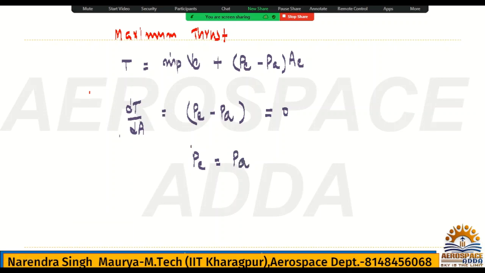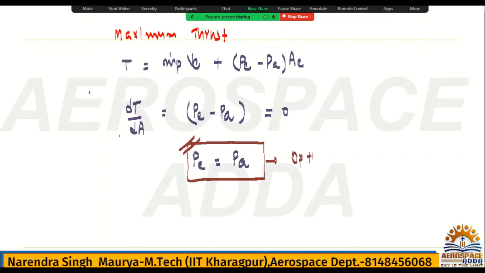Make a note of it. When exit pressure becomes atmospheric pressure, then we will have a maximum thrust. And this condition is called, if you remember, optimum expansion of nozzle. I had explained this.